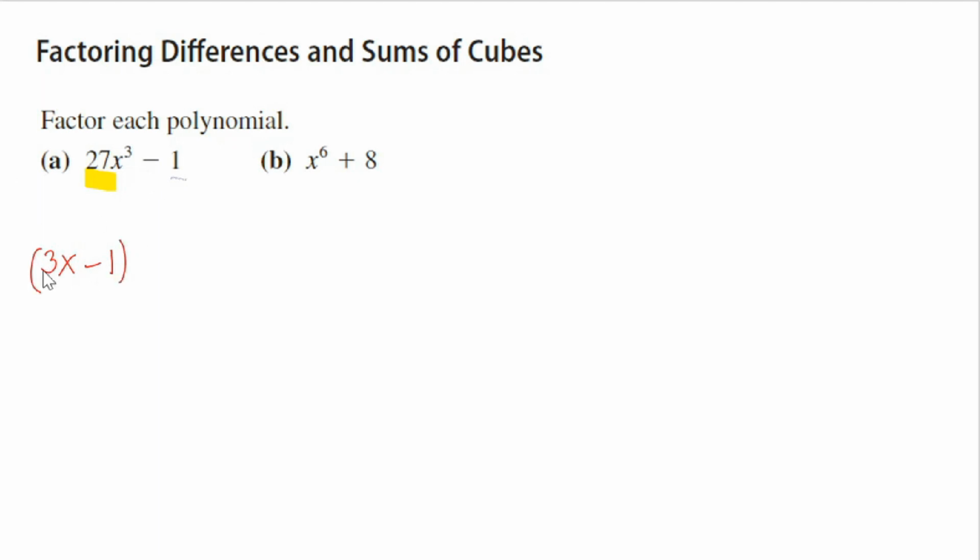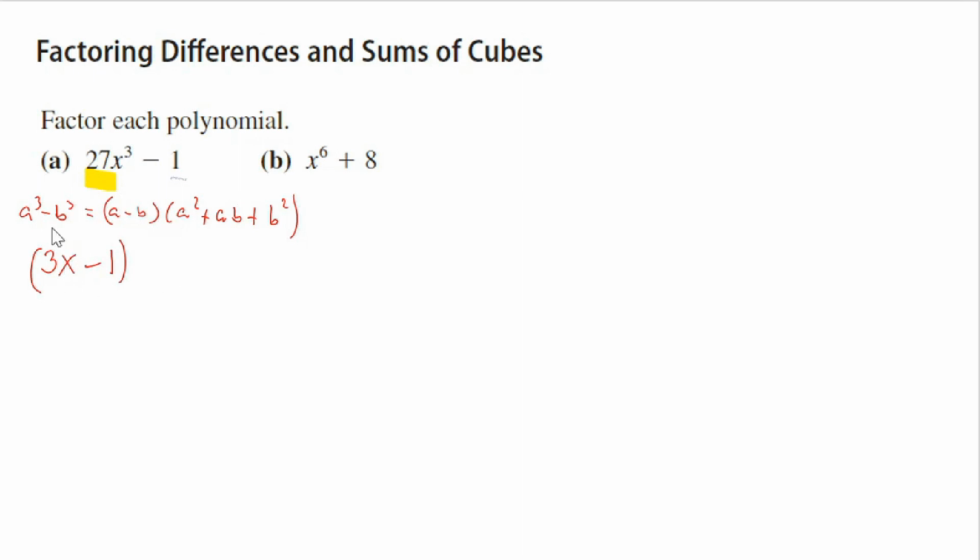But before that, let me recall the formula for this. Our formula is a cubed minus b cubed, whose factor is a minus b times a squared plus ab plus b squared. That is, the square of the first term, then take the opposite sign, the product of a and b, and then plus the square of the last term. I have written already here the roots of the first and the last term.